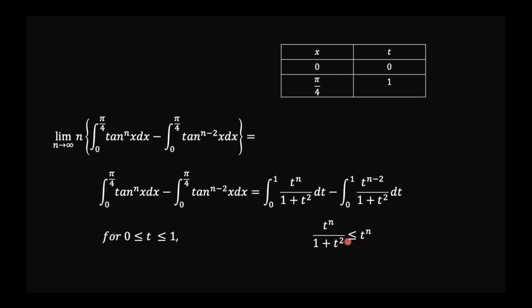That comes from the fact that the denominator is greater than 1, so the fraction will always be less than the numerator if the denominator is greater than 1, and this fraction is obviously a positive real number. The same thing applies to t to the power n minus 2. This is less than t to the power n minus 2, okay?